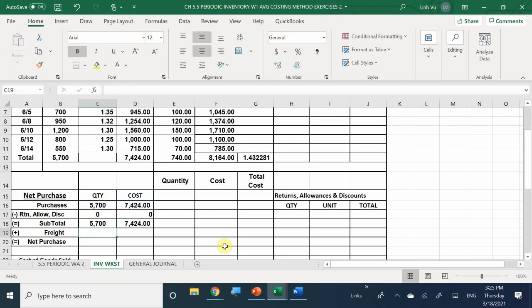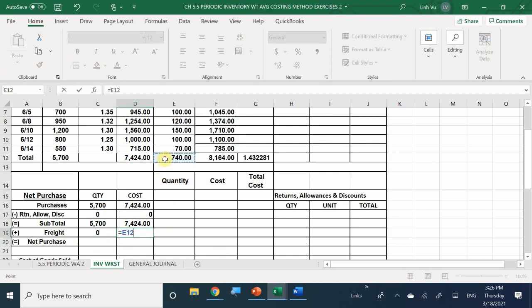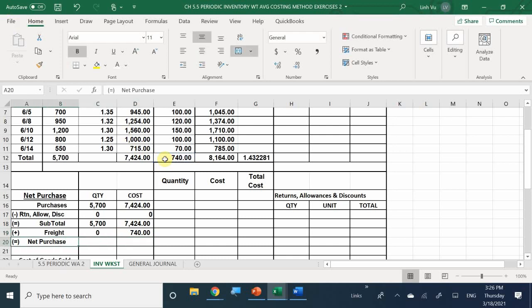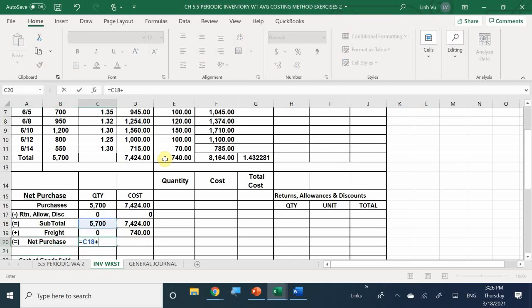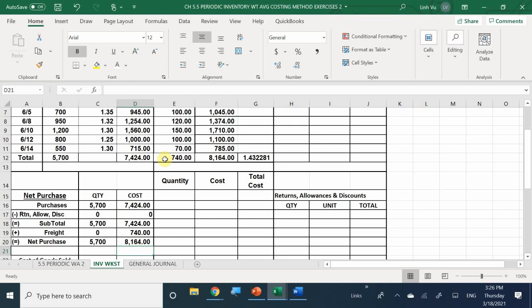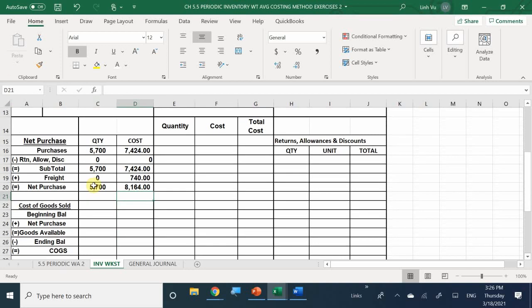Okay. Do we have freight? Yes. For how much? 740. So therefore, my total quantity should stay the same. However, my total cost should be the 8,164. Right? So now let's go ahead and solve for down below.